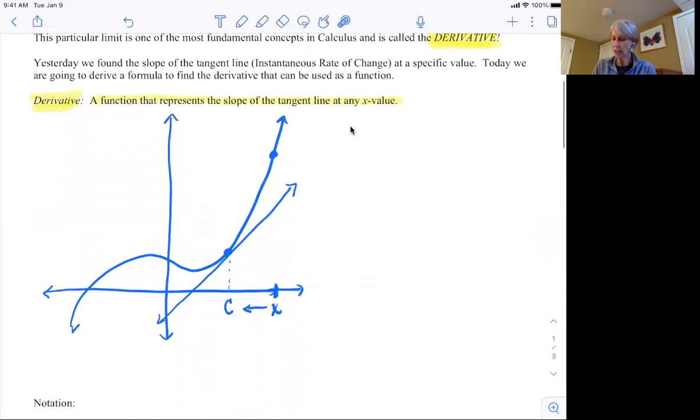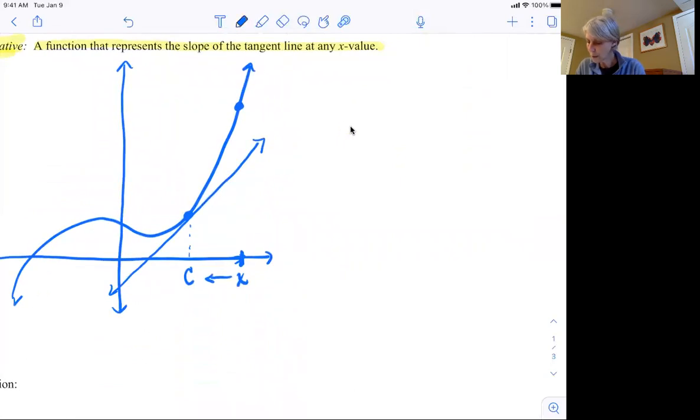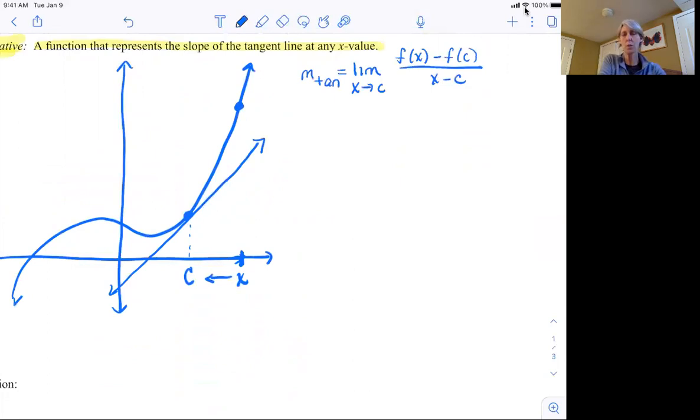Today, we're going to generalize this formula. So instead of using c and x, we're going to take our slope formula and we're going to do a couple of algebraic manipulations with this formula.